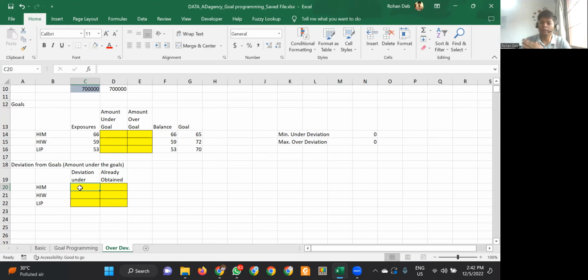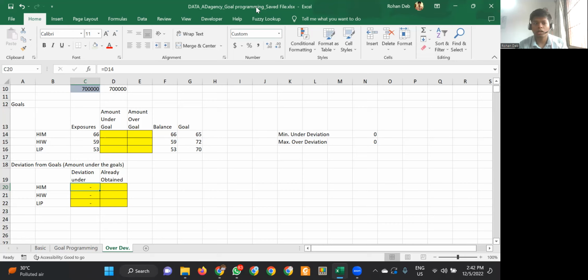If our goal was over deviation, we would take an over deviation. You pick equal to this and then drag it down. Because it's zero right now, the deviations over here are zero. So I will run Solver once and tell Solver to minimize under deviation in HIM, everything else remaining constant.